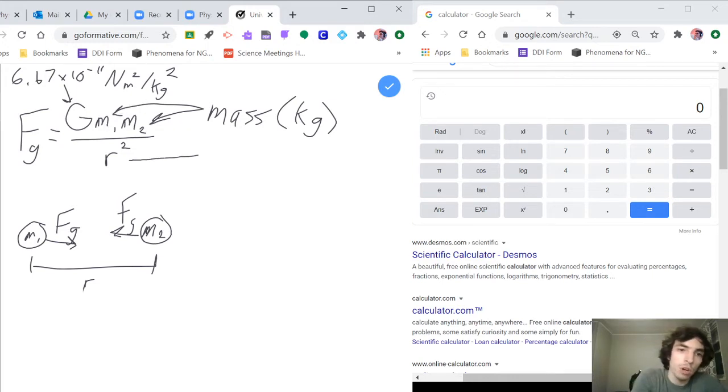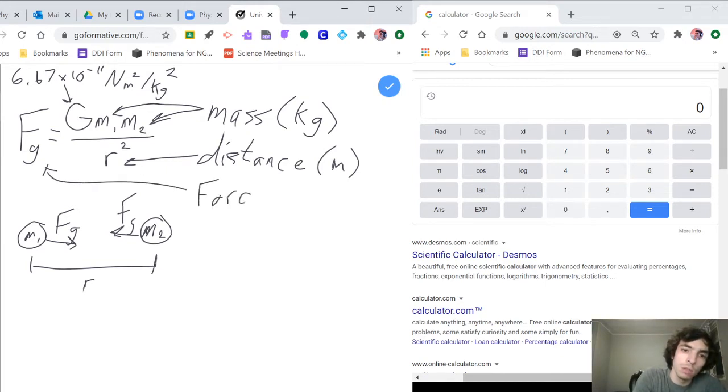And for this r, the distance, that is still measured in meters. And our force of gravity is still measured in newtons, capital letter N. Anytime you see something in a problem statement in newtons, that may be telling you what that force of gravity is.